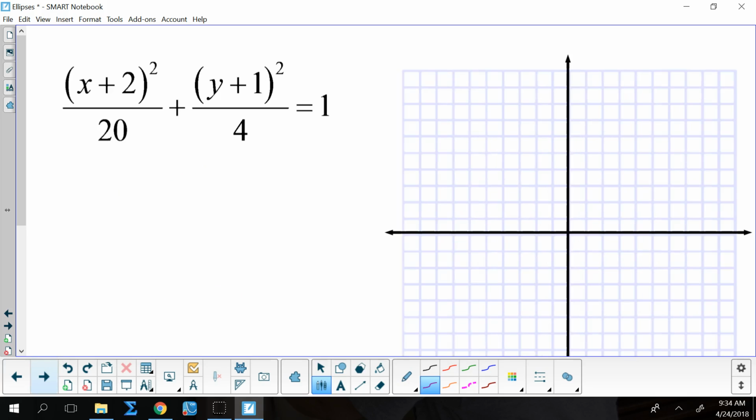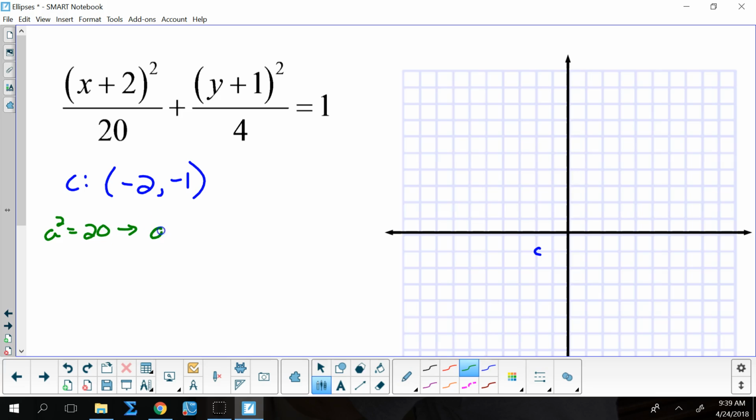Let us try that one. So, center of this one is at (-2, -1). Concur? And yes, I did put a c there. Okay. All right. a squared is 20.